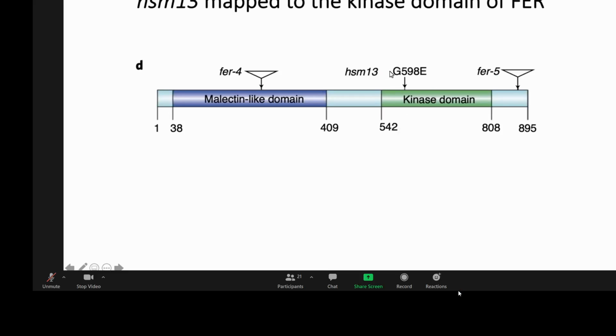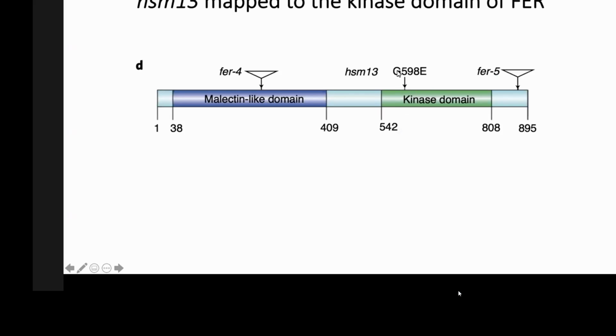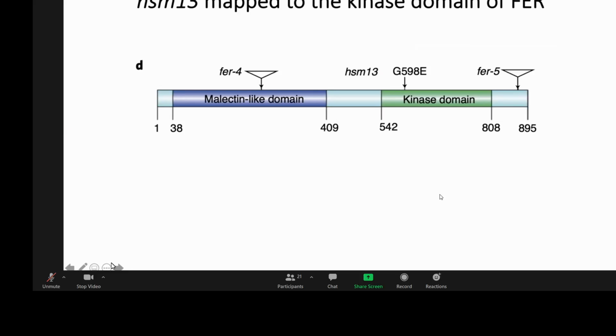And one of the mutations was this glycine 598 to a glutamate, right? So you have this small amino acid uncharged going to something that is relatively bulky and charged, right? So suggesting that there's some disruption of perhaps kinase activity and in turn disruption of this FAIR protein. And that potentially is what is causing the enrichment of Pseudomonas fluorescens.